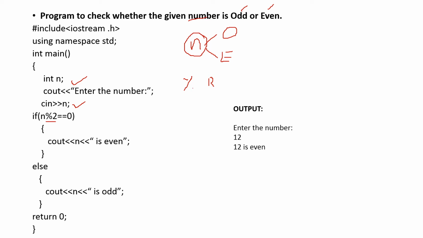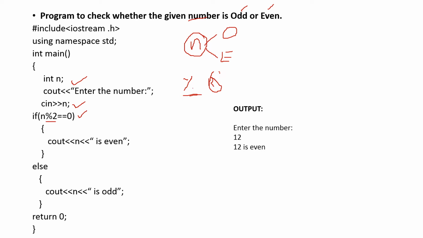If the number is completely divisible by 2, then it is even, else it is odd. So you have to check the remainder, and for checking the remainder we use the modulus operator, that is, if n %2 is equal to 0.